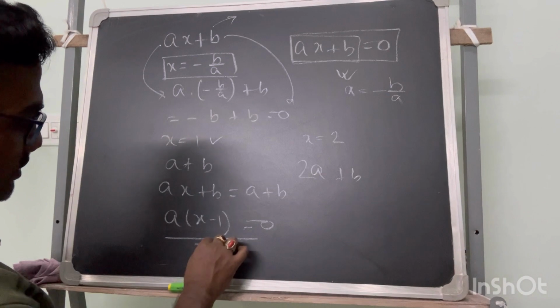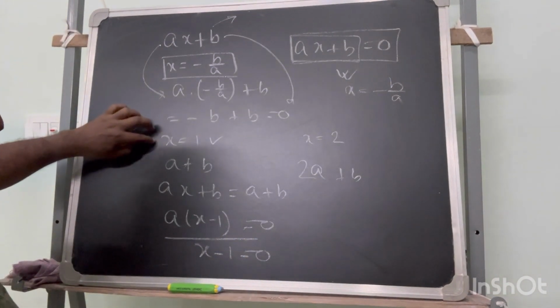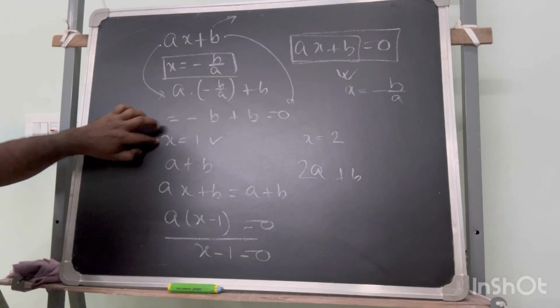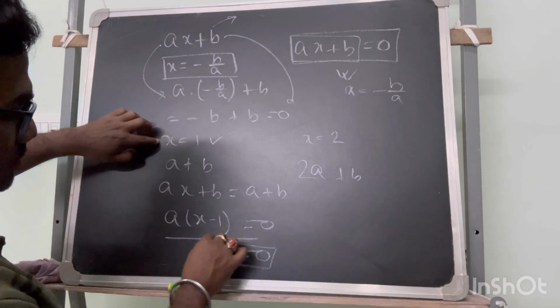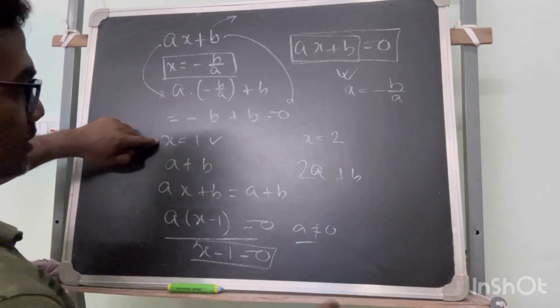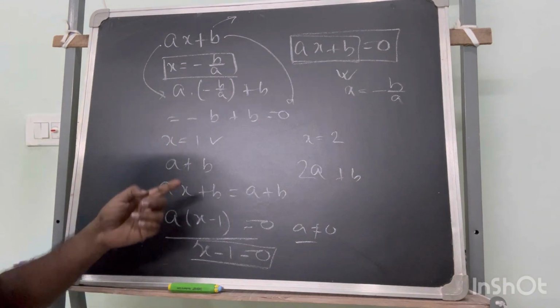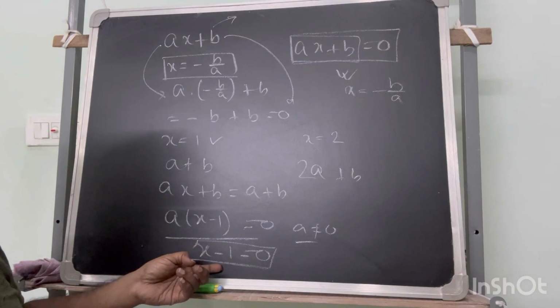Further, if we say x minus 1 is equal to 0, which is good for x equal to 1, that turns it into an equation. And here a is not equal to 0, because it is a coefficient; otherwise there is no existence of that. So for specific values there are different equations I will get.